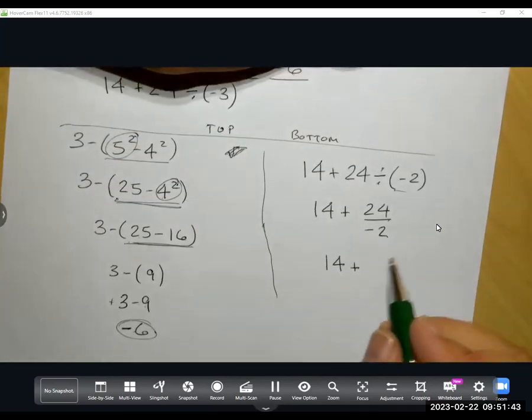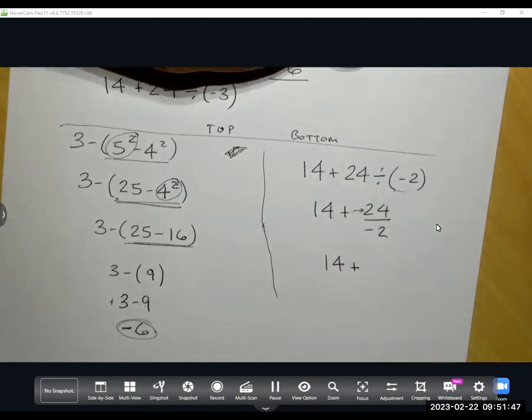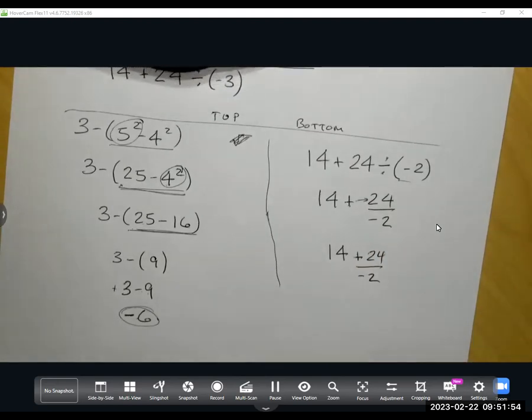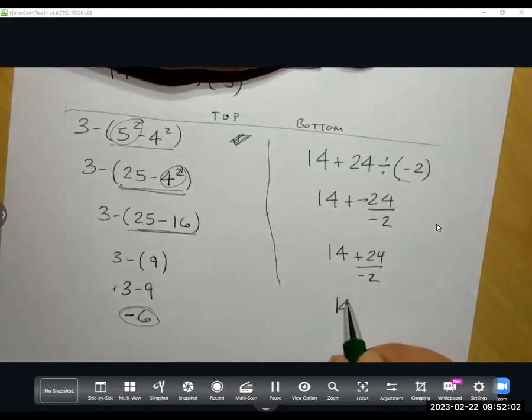There's a couple ways you can look at this. This positive belongs to the top number. So it's positive 24 divided by negative 2. Remember, if you're multiplying or dividing, if you have an odd number of negatives, the answer is negative. So the answer is going to be negative.